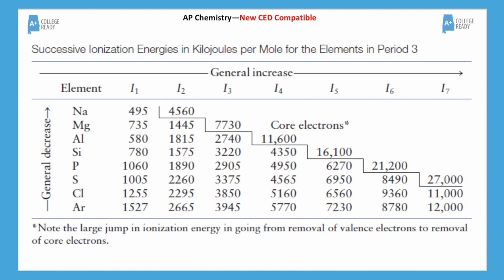So IE1 for sodium is 495. Notice it's in kilojoules per mole generally. That's the energy to remove the first electron from sodium. If I need to remove a second electron from sodium, wow, it jumped up to 4,560 kilojoules per mole.